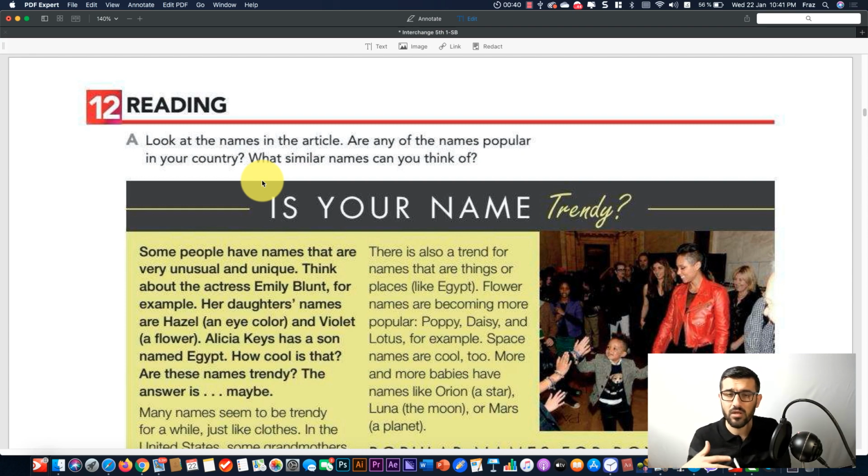However, when we read a magazine or maybe sometimes a web page, we may skip some stuff. So we have scanning and skimming. Remember that when I ask you to scan, that means you look for specific details. However, when I ask you to skim, you look for general information.